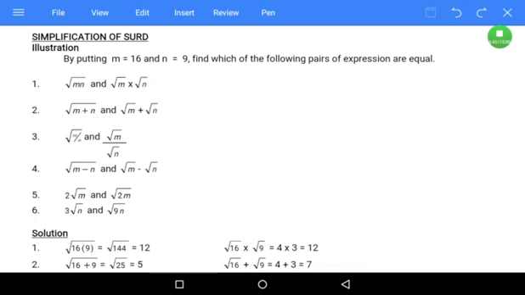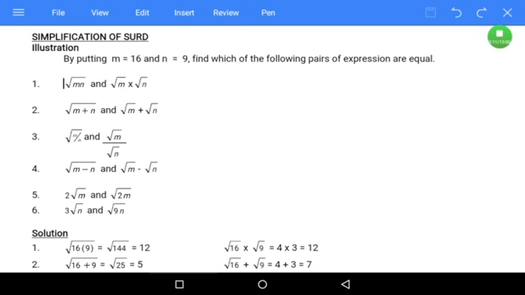Now, by putting m equals 16 and n equals 9, find which of the following pairs of expressions are equal. Look at number 1. I said it is true that root mn equals root m times root n. Let's confirm it. Place 16 for m and 9 for n in number 1.